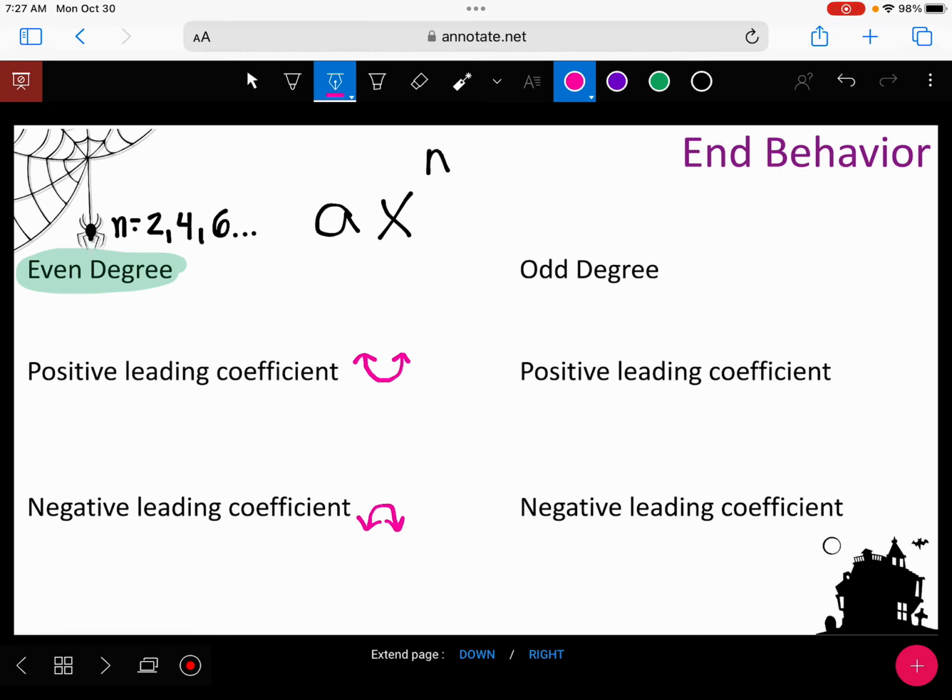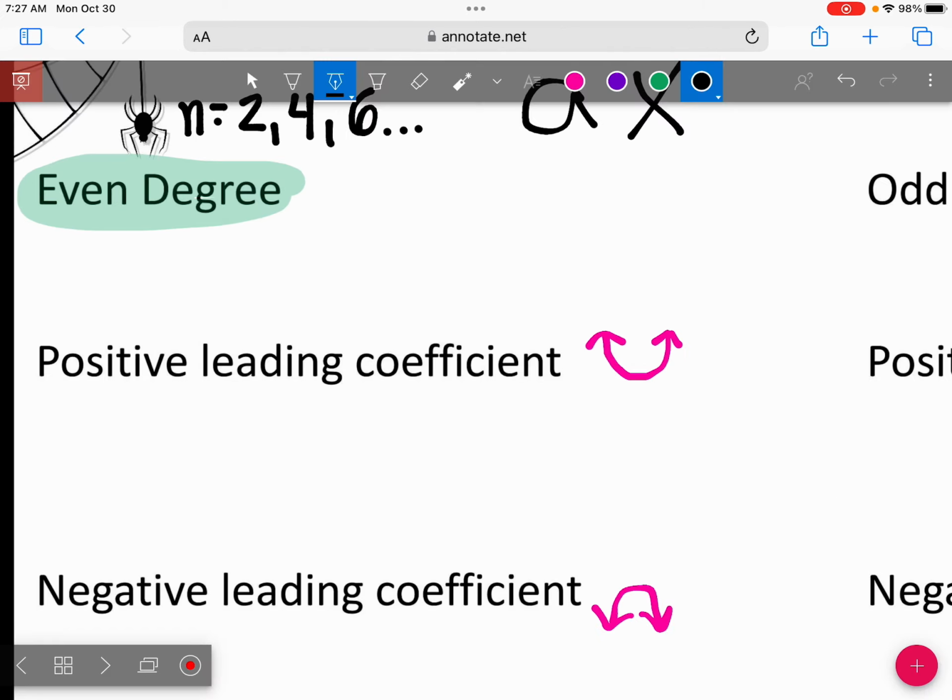Even degree functions are going to have these arrows every time. So to think about our positive leading coefficient, our smiley face parabola, what that tells me is as x goes to negative infinity, so my left arrow, my y approaches positive infinity. My left arrow is going to go up.